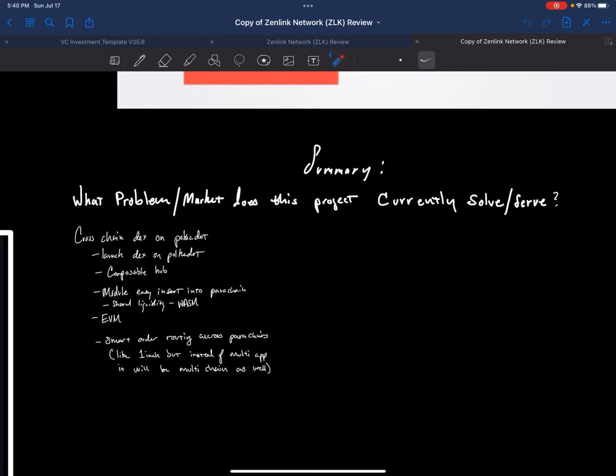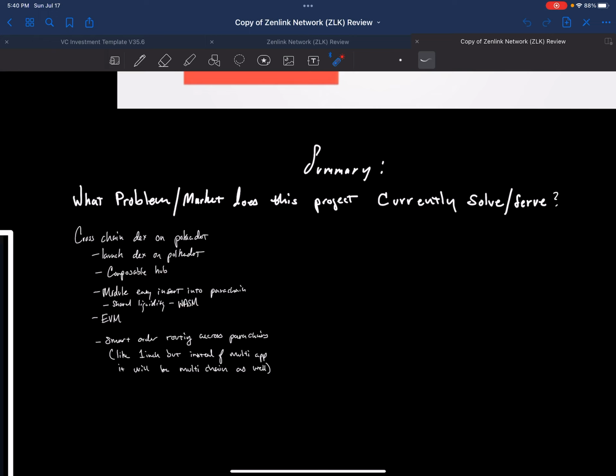It'll provide the modules or tools needed to build swapping capabilities that will connect liquidity pools into your application if you build within the parachain environment on Polkadot. It's a composability hub.